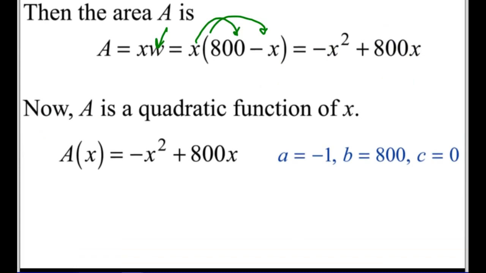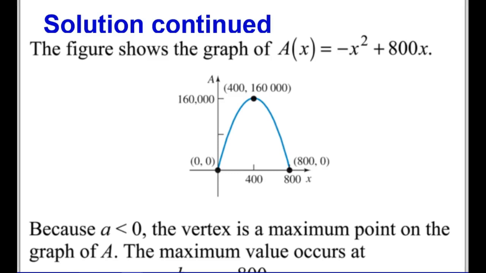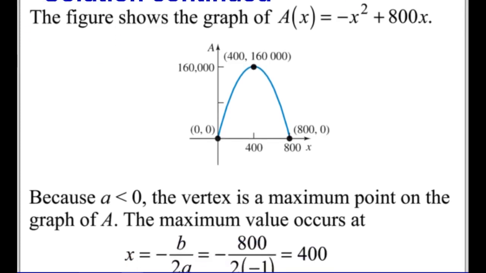Okay, so now that I have my quadratic and it's written in standard form, so my highest exponent is first, I have a c value of 0. Now I can either graph it, and I can also find the maximum mathematically.